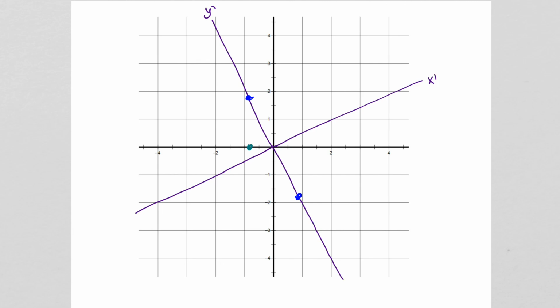So there would be -0.9. So we'll come down to about right there. And then positive 0.9 might be something like that. And so now I can graph my ellipse. Okay, so we have finally finished example 6.